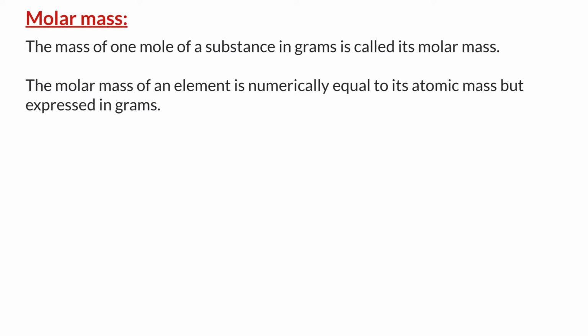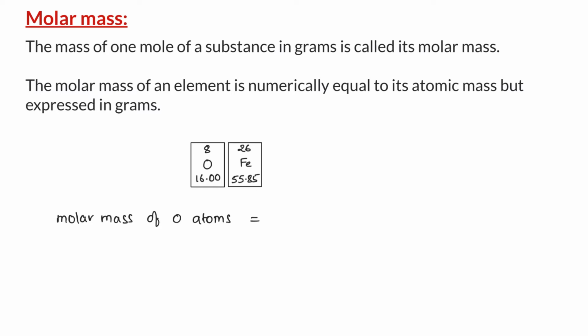We have already seen earlier how to determine the atomic mass of an element from the periodic table. For example, the oxygen's atomic mass is 16.00 AMU. Similarly, atomic mass of iron is 55.85 AMU.